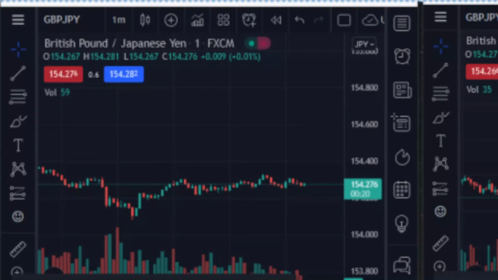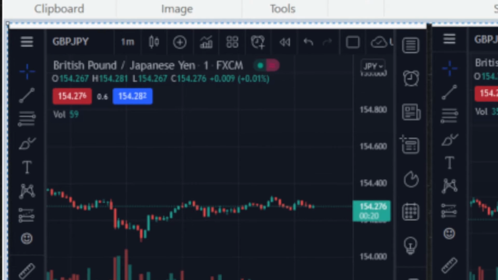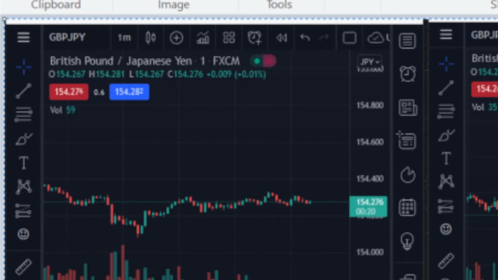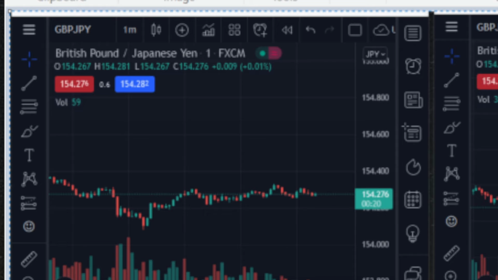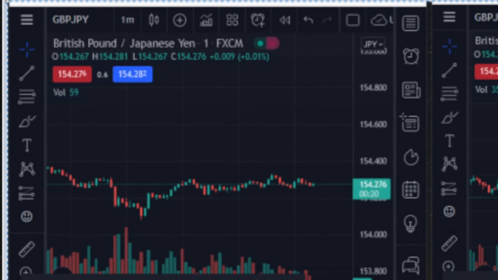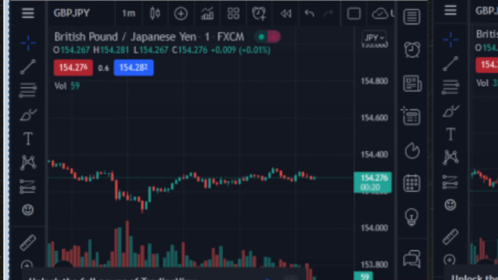All right, so looking at a blow up, let's begin with the GBP Japanese yen, because it's just the one that I happen to have up. So this is the top leftmost of the screenshots that I took. And you can see the source right there is FXCM.